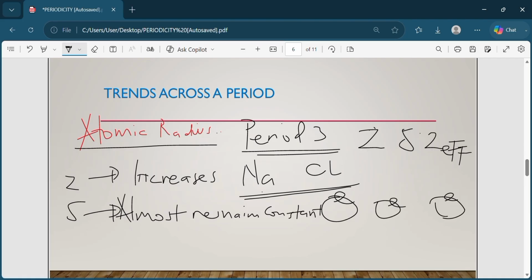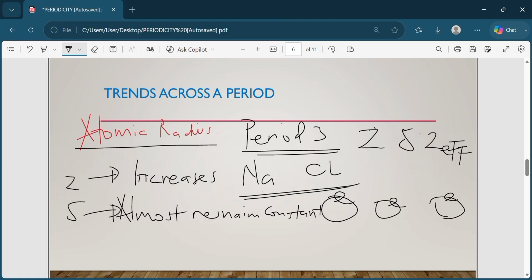So the curtain that shields the outermost electrons from nuclear attraction, that is the number of energy levels inside, is literally the same across the period. So we find that it is almost the same screening effect that is experienced.